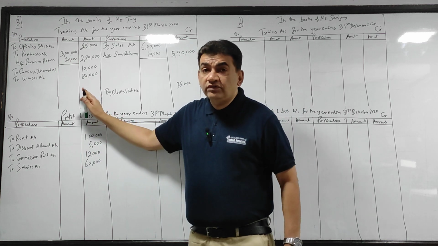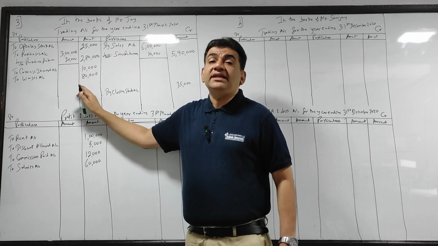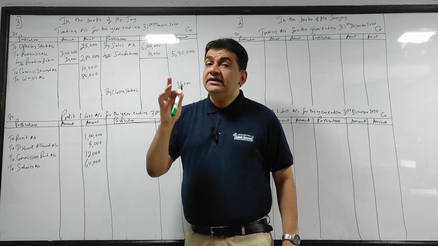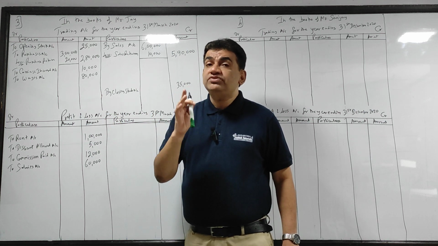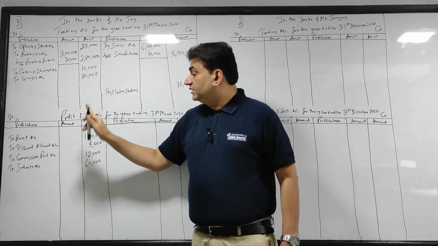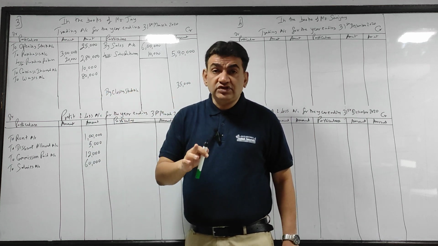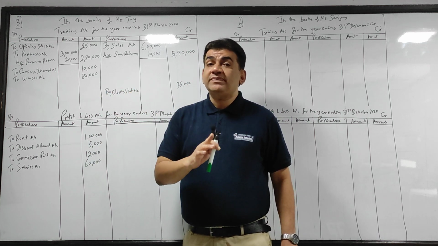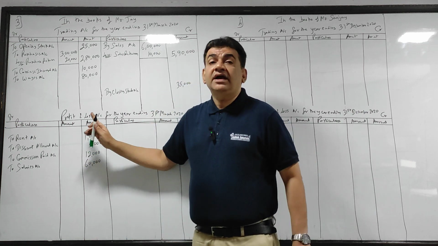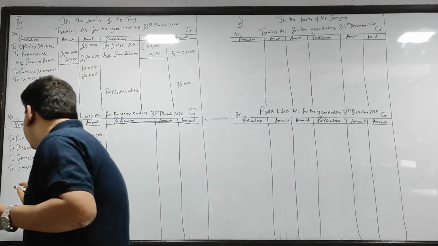So carriage outward, debit P&L, and carriage inward, debit trading account. I'll repeat again. Carriage inward, carriage paid on purchase of goods, debit trading account. Carriage outward, carriage paid on sale of goods. Since it is an expense connected with sale of goods, you will debit P&L.